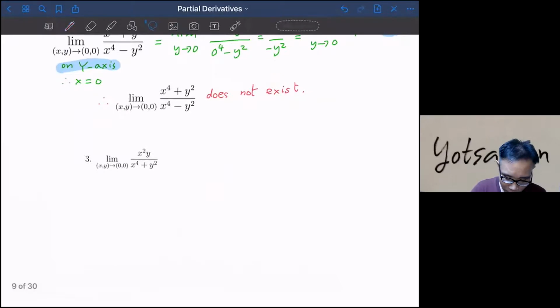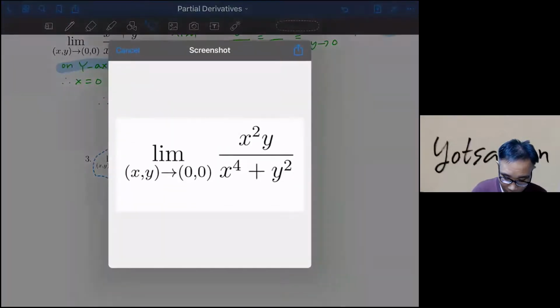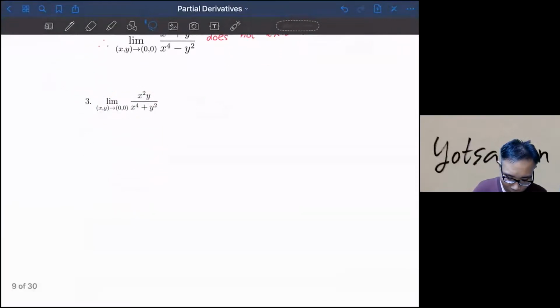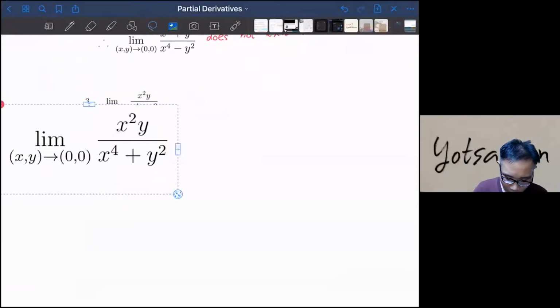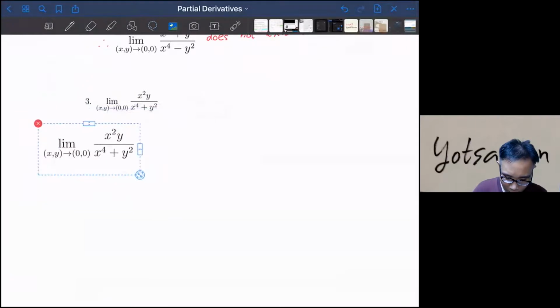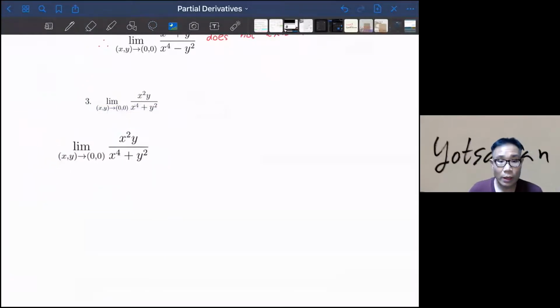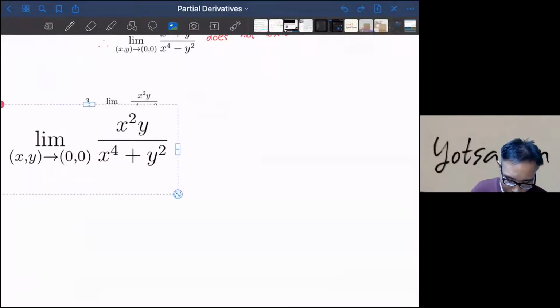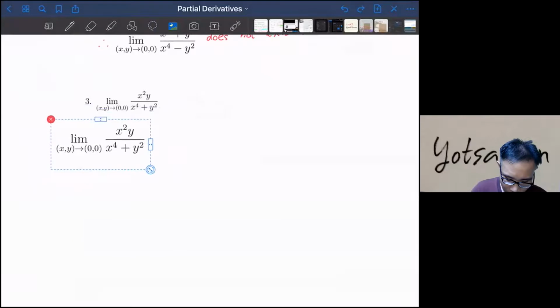Again, you're gonna try to find the limit along C1 and along C2.